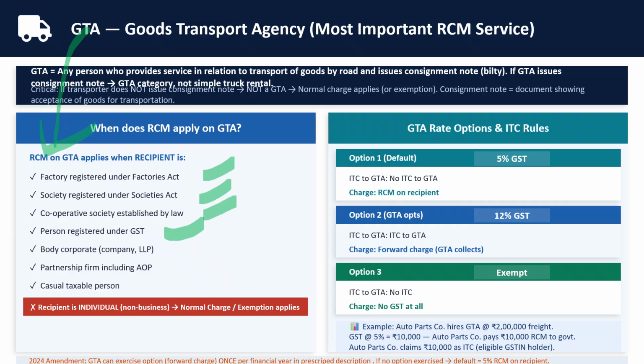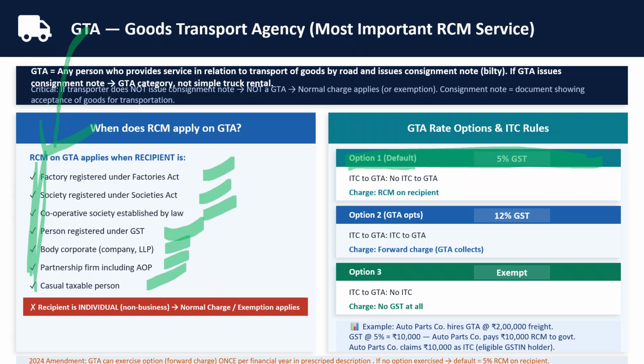I will explain who are casual taxable persons later. Under these situations, every service is covered under RCM if he opts for the default condition, so he did not opt for the forward charge mechanism.